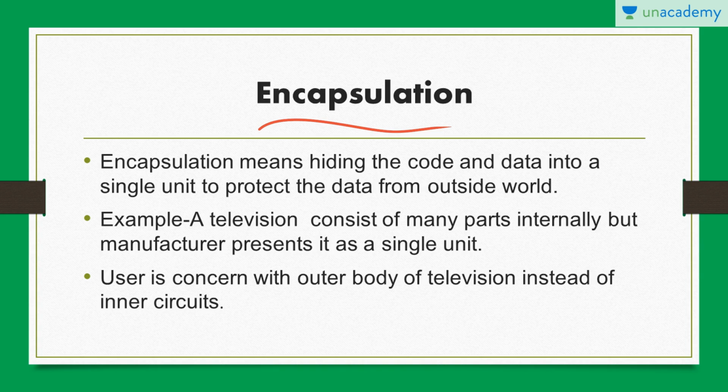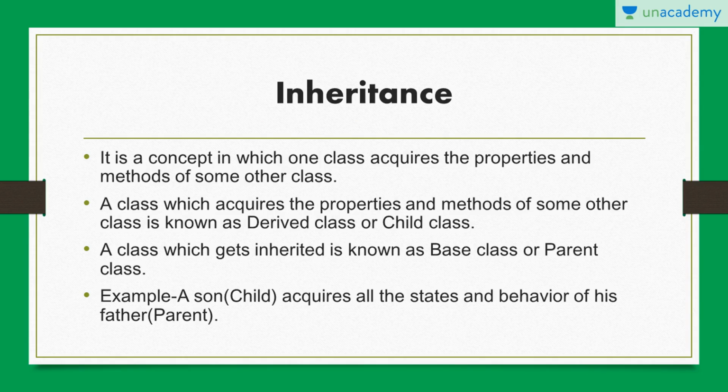Now let's move to the next concept, which is inheritance. It is a concept in which one class acquires the properties and methods of some other class. By properties and methods here, I mean states and behavior, which I have already discussed, or you can say data members and methods.